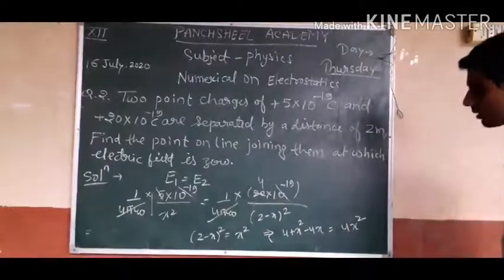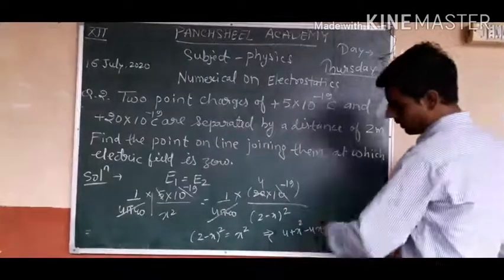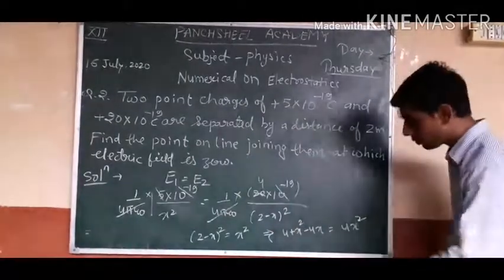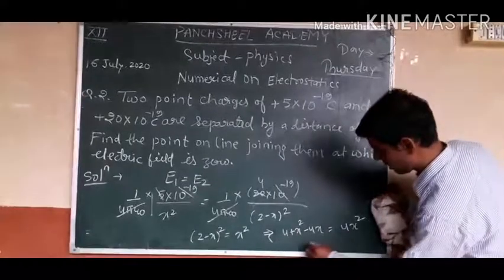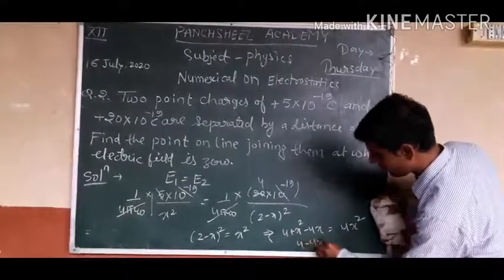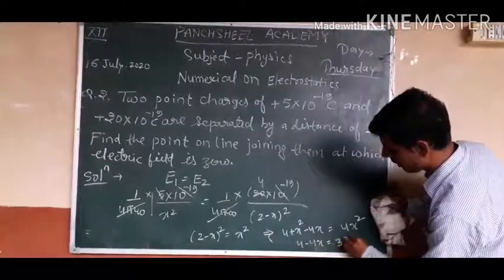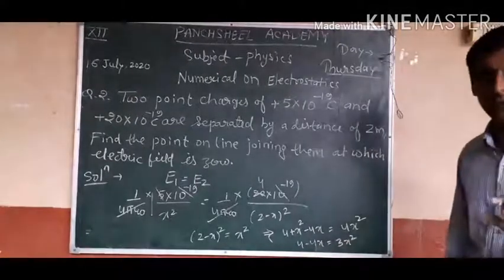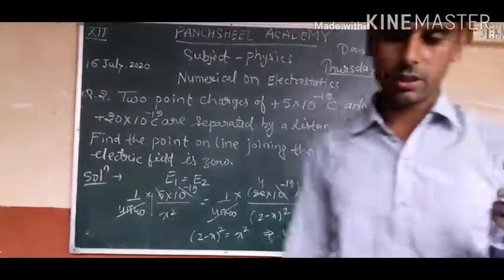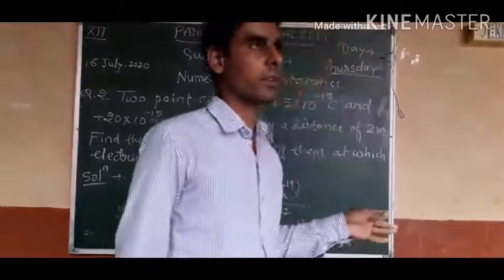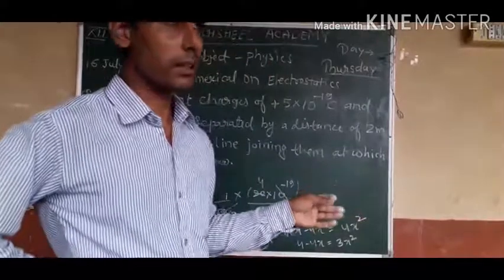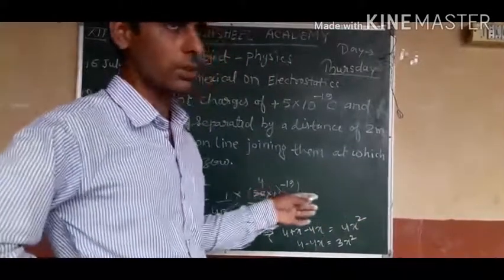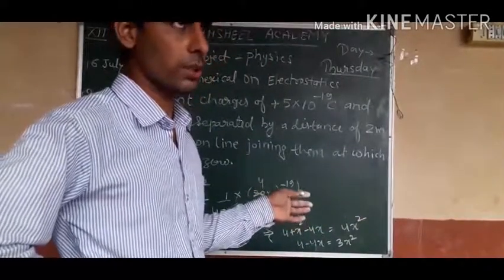So 4 minus 4x equals 3x, and if you solve this quadratic equation, you will get two answers, because a quadratic equation has two roots.